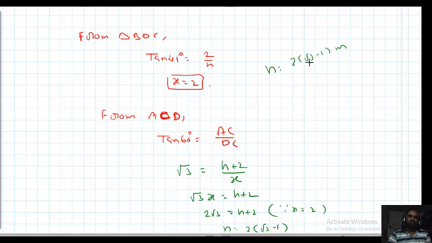Sometimes you can simplify. 1.732 minus 1 is 0.732. h equal to 0.732 into 2, that is 1.464 meters. This is the height of the statue. You need to write the conclusion at last.